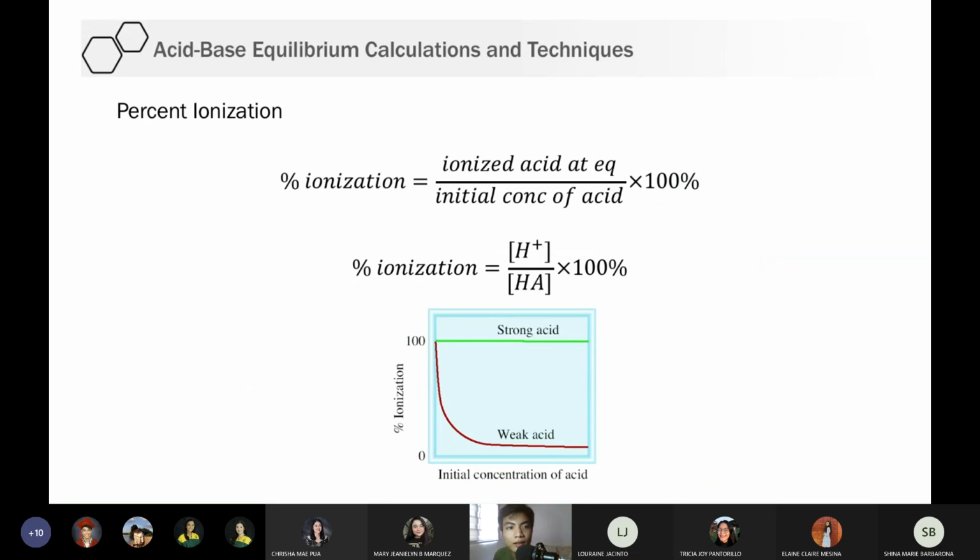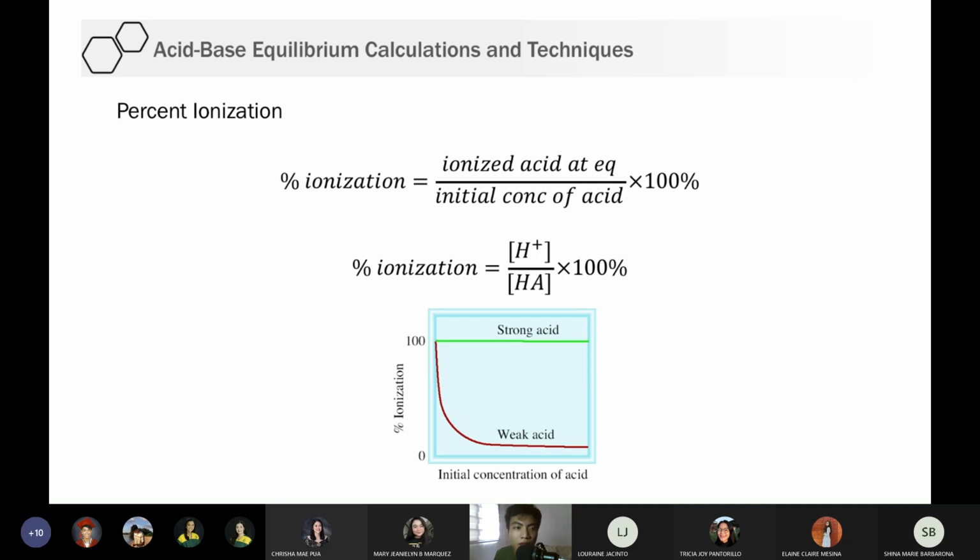Okay? So, next one, let's proceed to the percent ionization. Remember, for strong acids or strong bases, the ionization is 100%. No? So, if you have a strong electrolyte, the ionization of your species is 100%. They are all converted to products.